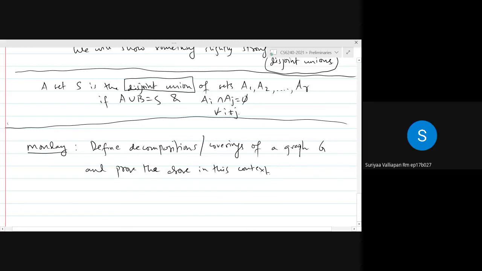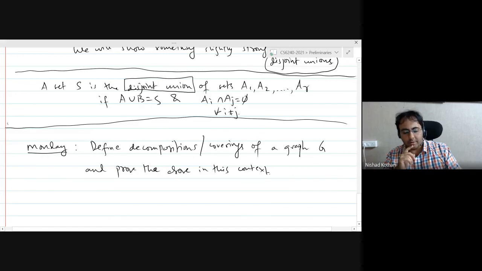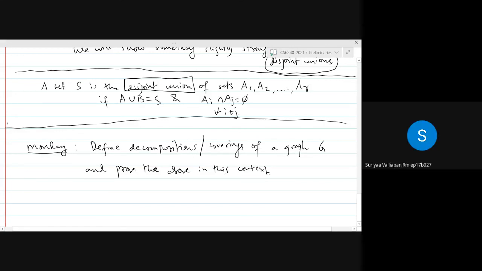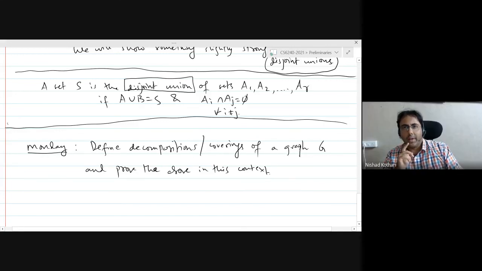Yes, sir. The even subgraphs. Right, right. So that is the cycle space, right? Yes, sir. That is not true. There are elements that may not be orthogonal to themselves. It is definitely possible for some elements to be orthogonal to themselves, but not every element is orthogonal to itself.